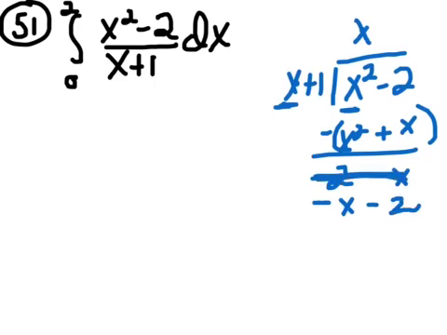Because remember, we should always put the term with the largest exponent first. So I copied it down and then realized that was not the best way to do it. How many times does x go into negative x, or negative x divided by x would be negative 1, right? So I'm going to put minus 1, so that's x plus 1.